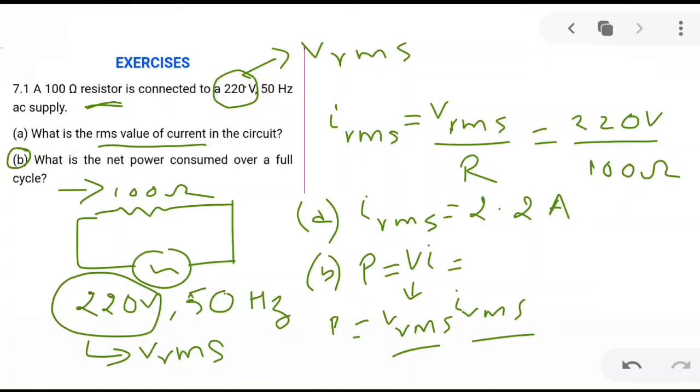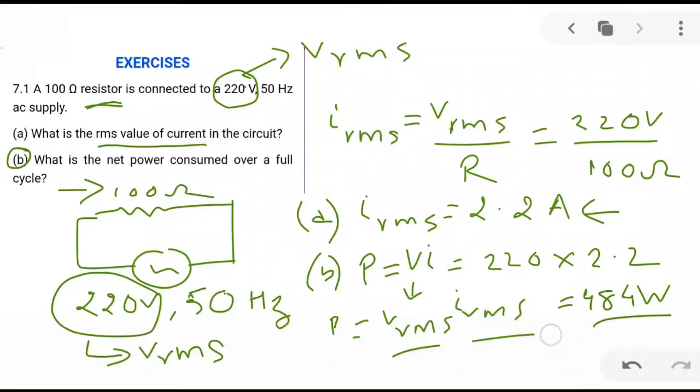VRMS is 220, multiplied by IRMS, which we got as 2.2. So 220 multiplied by 2.2 gives 484 watt as the power. So this is the answer to part B.